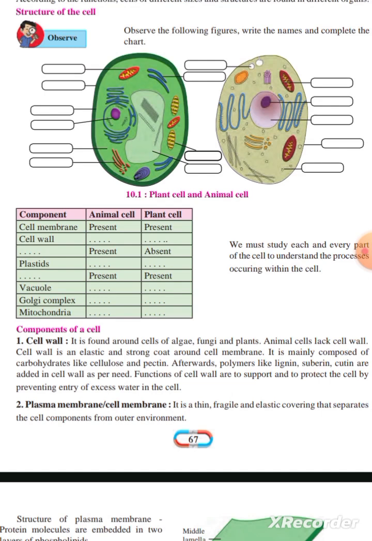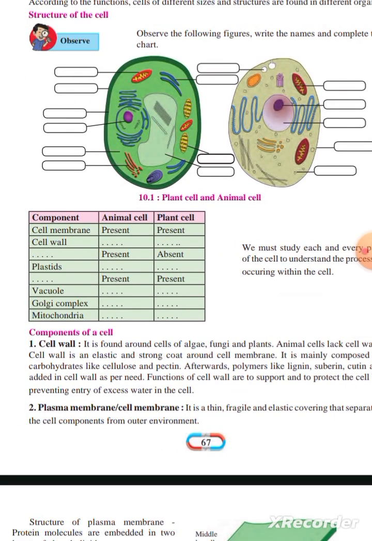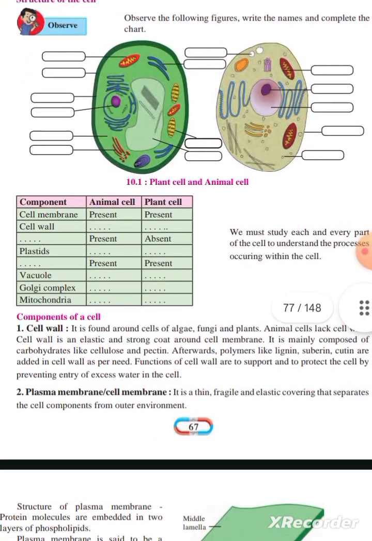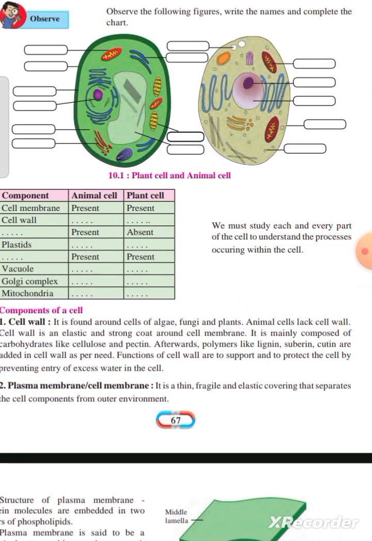Cell wall is like an elastic, a rubber-like thing and a strong coat, like a hard rubber-type elastic material around the cell membrane. It is just beyond the plasma membrane, just above it. For example, if here is the plasma membrane, here will be the cell wall. It is just outside the plasma membrane, that means the cell membrane. It is mainly composed of carbohydrates like cellulose and pectin. So what are the proteins present in it?